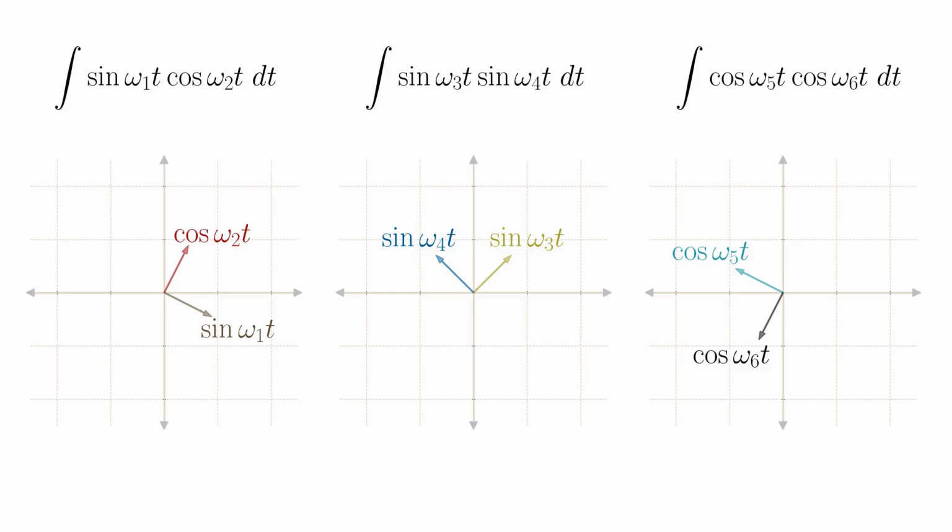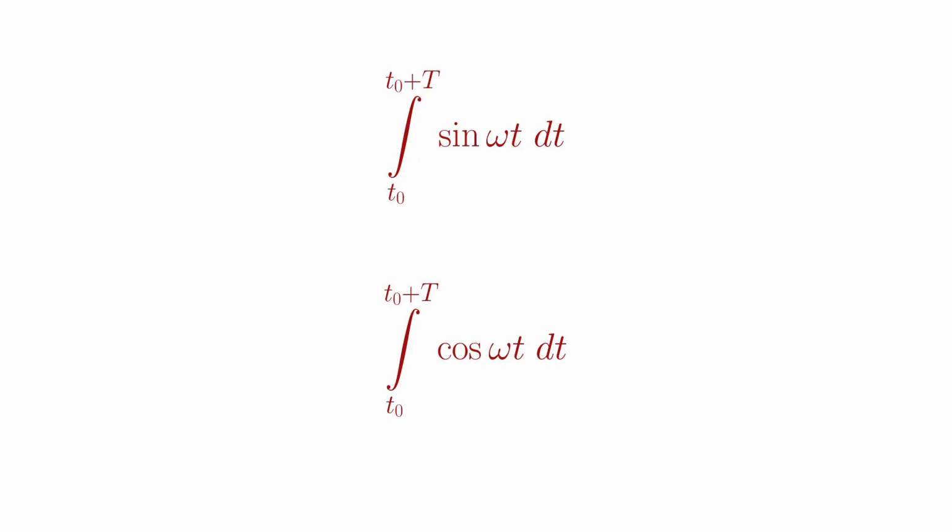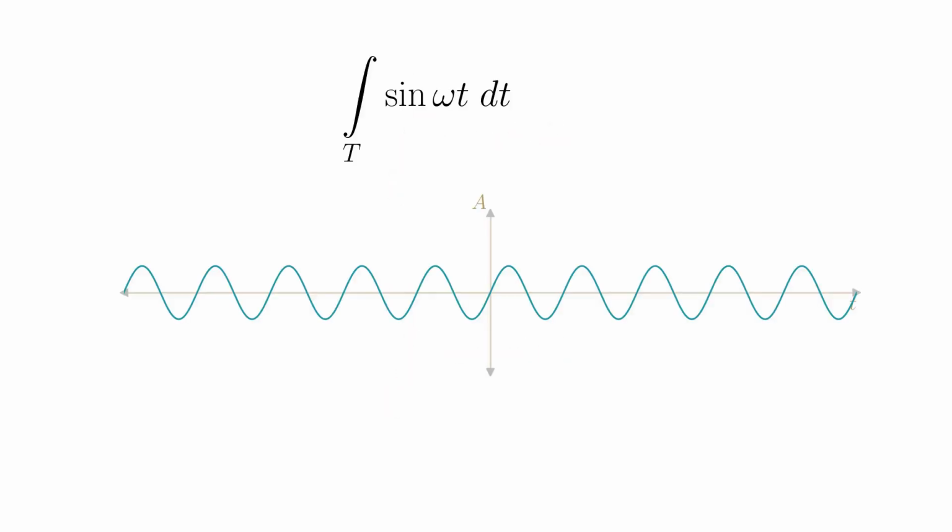Interesting. But before we evaluate these integrals, let's understand what it visually means to integrate continuous time sinusoidal signals over one time period t. Integration can be interpreted as the area under the curve between the limits of integration. So in this case, the positive area above cancels the negative area below, giving us 0.